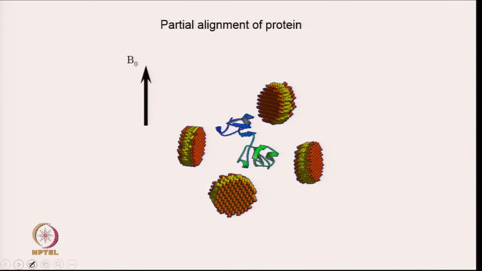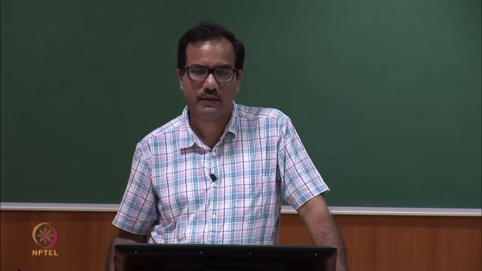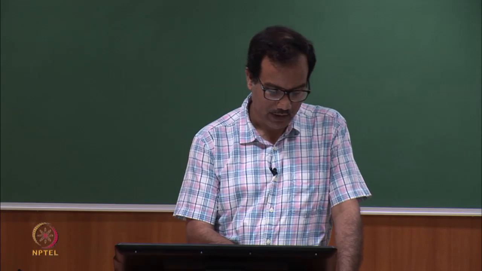The way we measure dipolar coupling is to put the protein inside a bicelle, where the protein will be partially aligned with the magnetic field, and that is how you can get the information about theta.